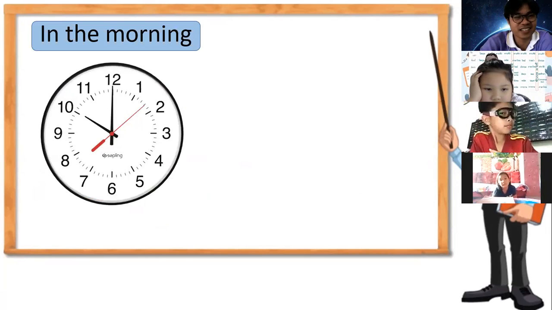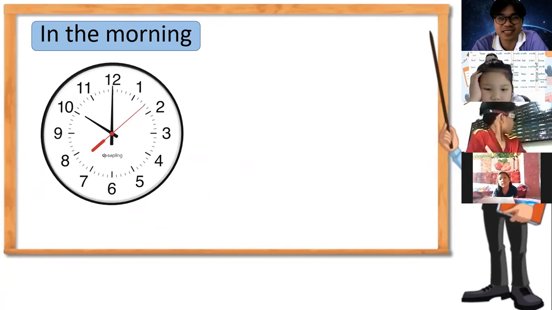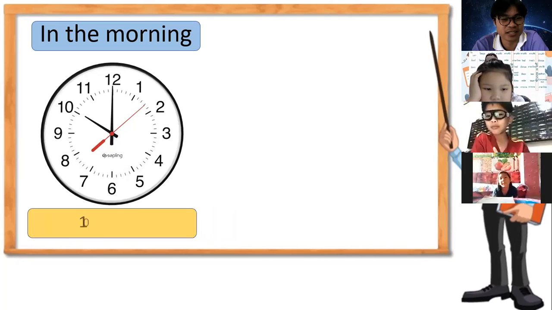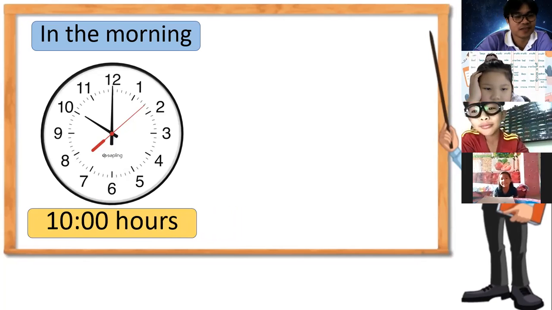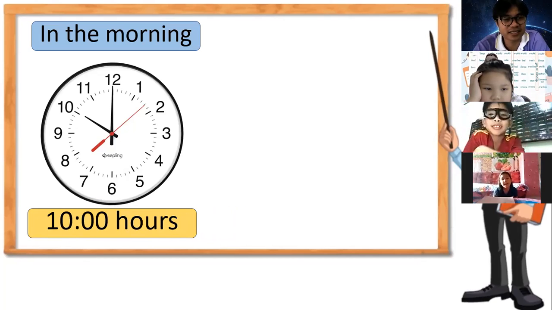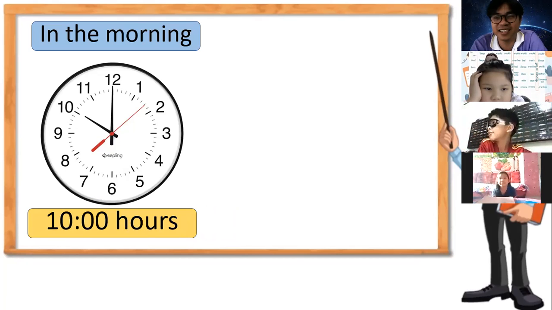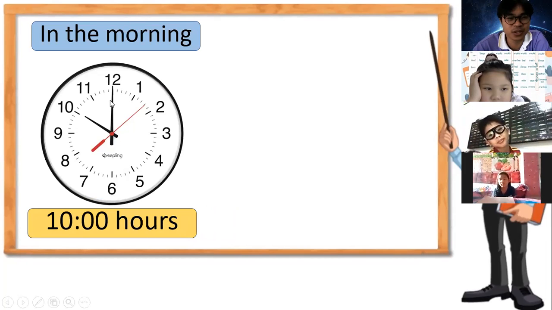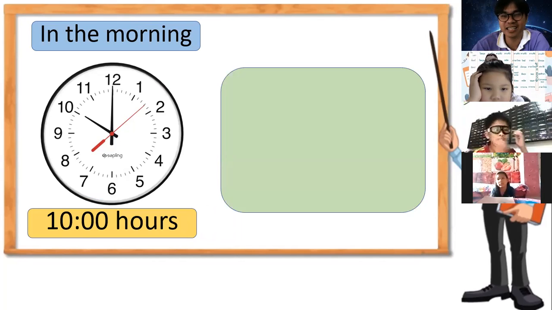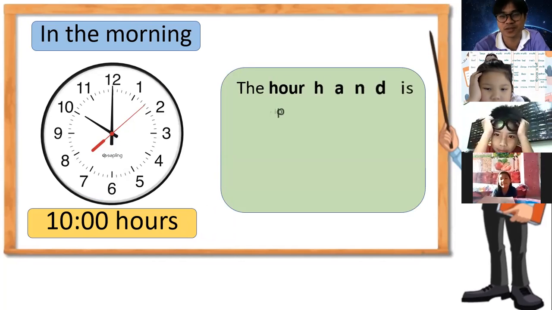Next, look here. This clock is in the morning. So you can write 10:00 hours, because if the minute hand is pointing at 12, it means 00. 10 o'clock, no minutes. 10:00 hours using the 24-hour system.